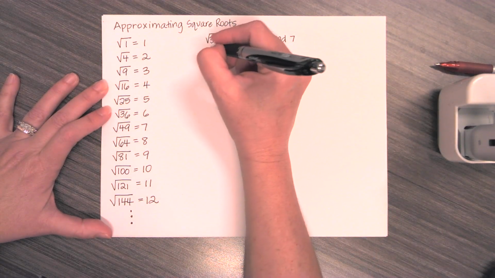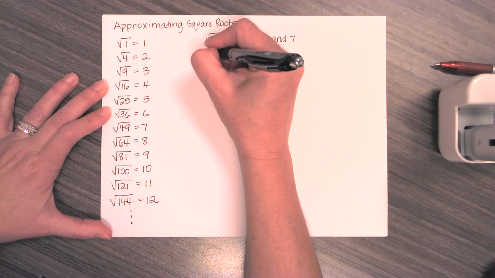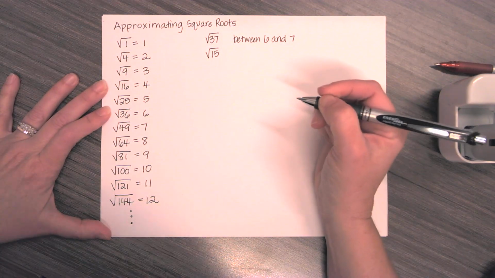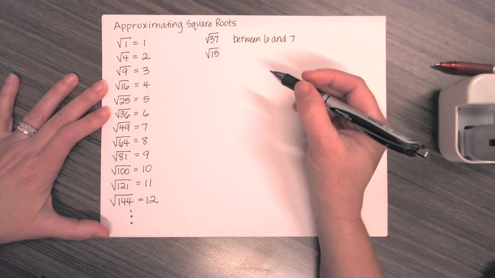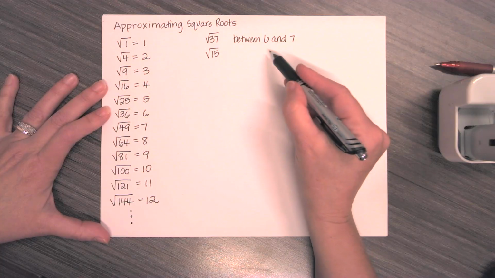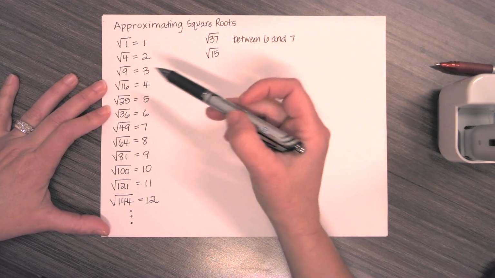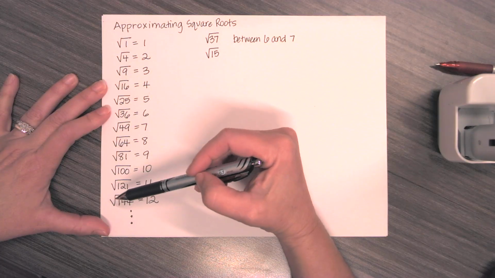If we were asked to find the square root of 15, again, 15 is not a perfect square, but we should be able to tell what two numbers the answer would fall between. All right, so we'll look over here at our list of perfect squares.